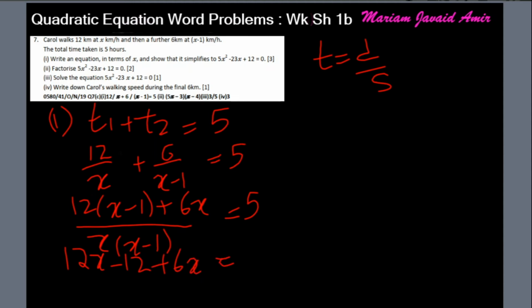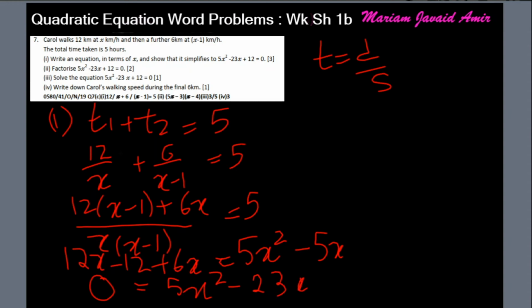I'm taking the denominator to the other side and opening it, and I get 5x squared minus 5x. Rearrange, we need one side to be 0 and move everything to the other side. I get 5x squared, and I have minus 5x minus 6x minus 12, which gives me minus 23x, and 12 becomes positive 12. So we got the required equation.